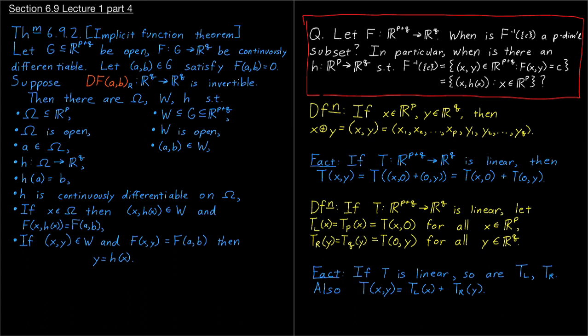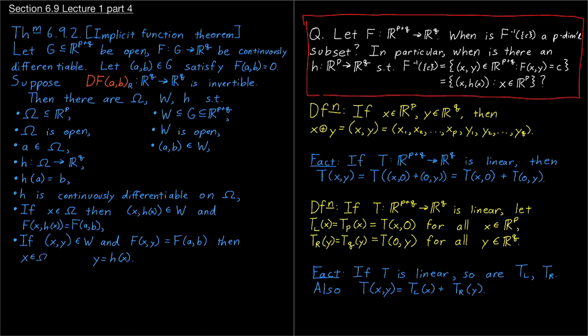So we're saying that if we've got this nice function F, the zero set, the level set F equals 0, that is precisely the graph of some nice function h. That is, (x, h(x)) is in the level set, and conversely, everything in the level set is of the form (x, h(x)).